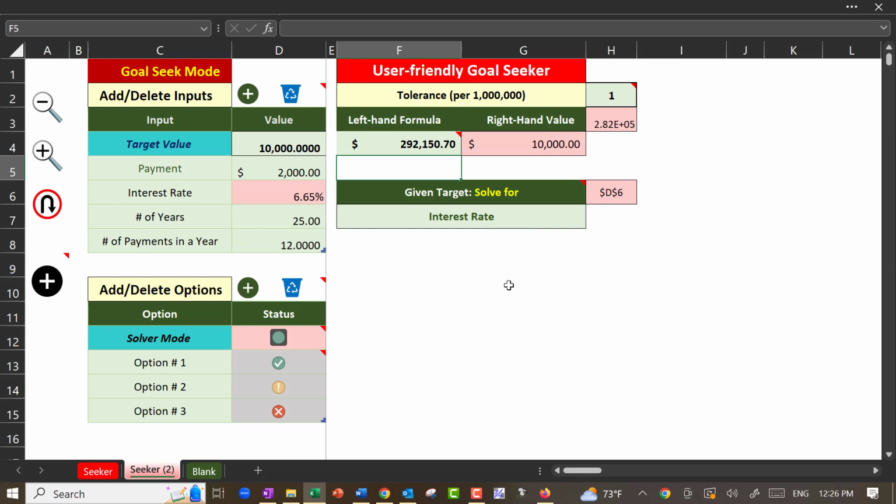Suppose I'm going to buy a house that's $100,000. Oops, too many zeros. That's my target value. I want to know what my payment is going to be if the interest rate is as such for a 30-year mortgage. And I want to solve for payment.